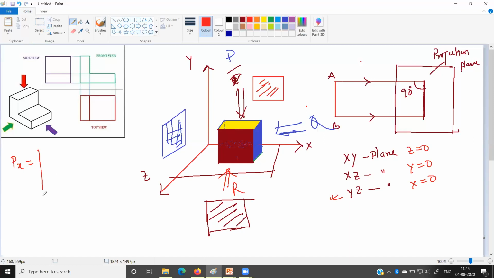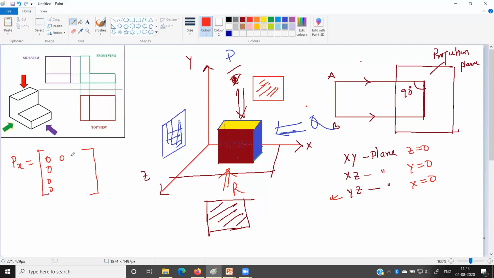In that case the transformation matrix will be like this. As you know, this is x, this is y, this is z, and this is a weight factor. Here the value of all x's will be 0. Let us write it once again.